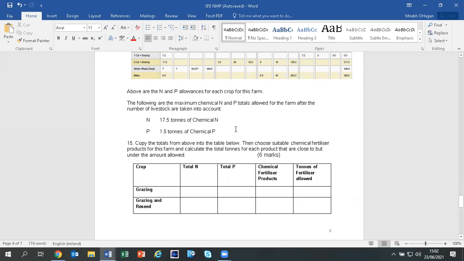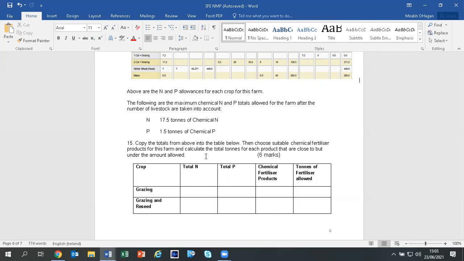That's really important. So if we look specifically at what it is asking us: copy the totals from above into the table below, then choose suitable chemical fertilizer products for this farm and calculate the total tons for each product that are close to but under the amount allowed.